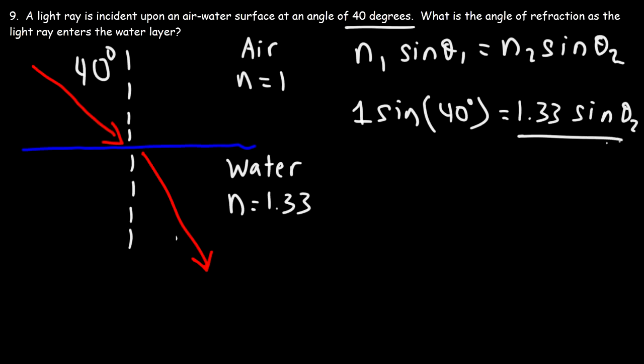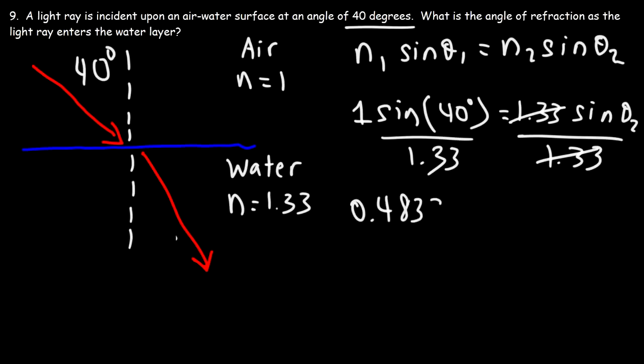So what we need to do right now is divide both sides by 1.33. Sine 40 divided by 1.33 is 0.4833. And so that's equal to sine of the refracted angle.